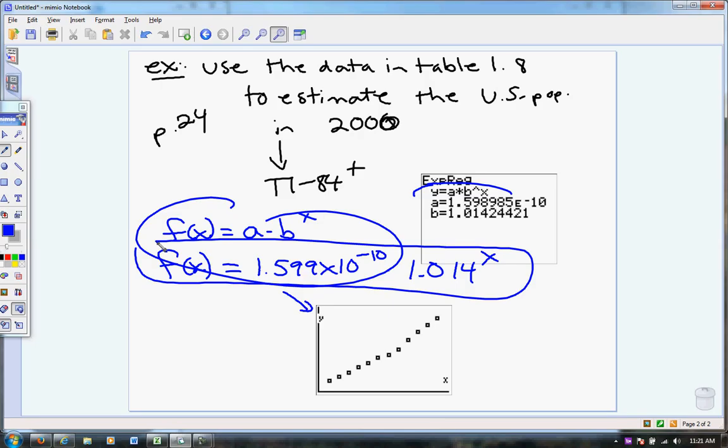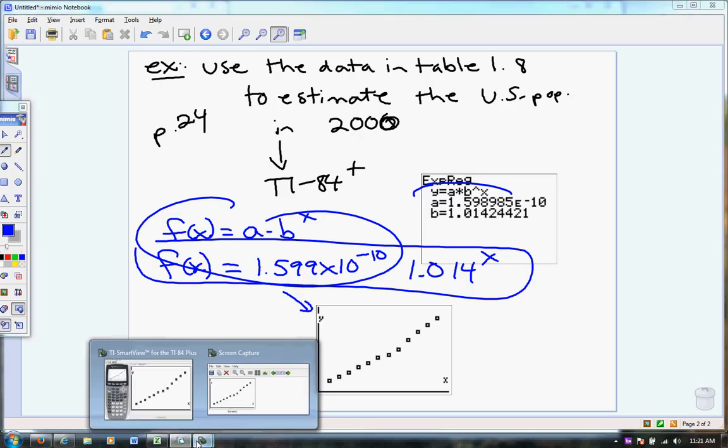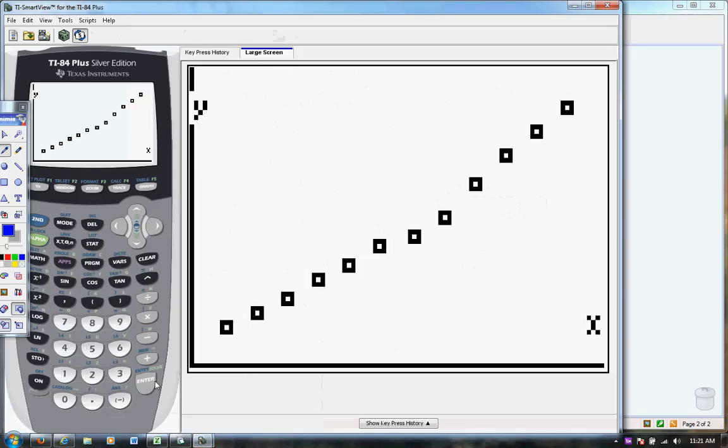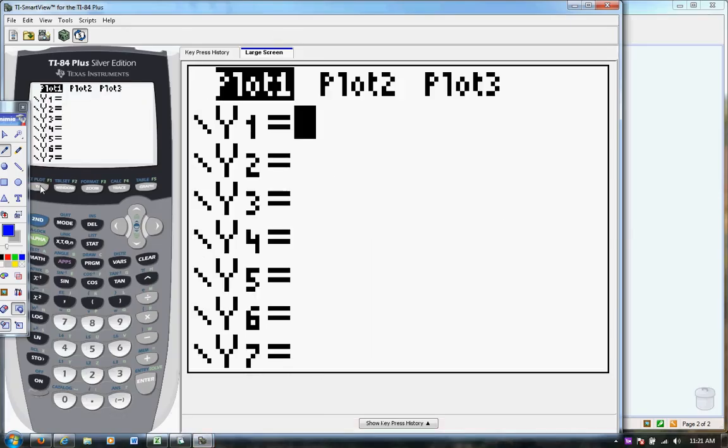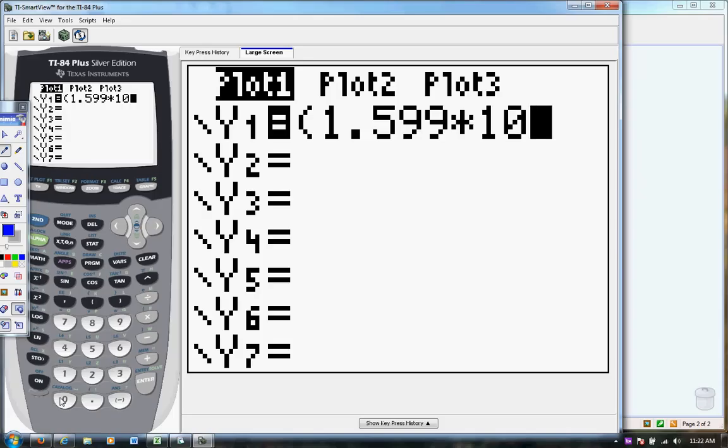So let's go back to the graphing calculator and enter my function, which was, help me out here, 1 point, I'm going to put it in parentheses actually, 1.599 times 10 caret negative 10.